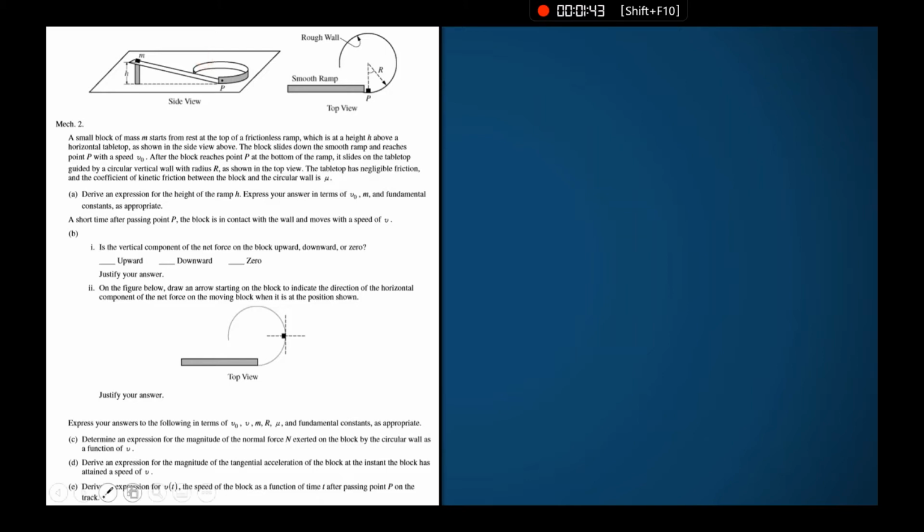For part A, they want us to derive an expression for the height of the ramp and express our answer in terms of the initial velocity, mass, and any fundamental constants. Right, we need a general form before we do that first. So what did you just do?